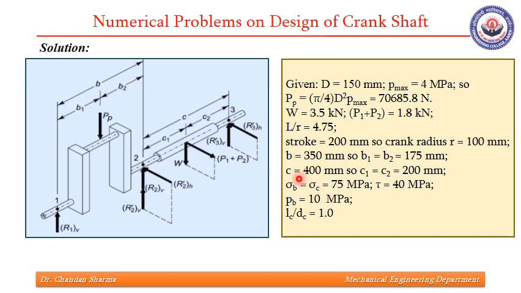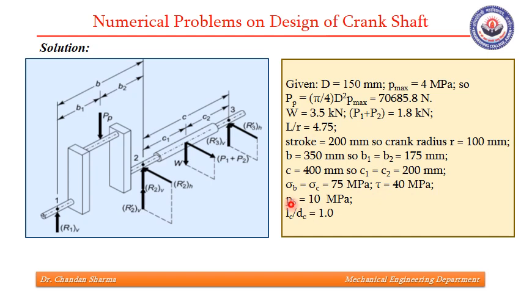Similarly, the distance between bearing 2 and bearing 3 is given as 400 mm, and that is denoted by C. So again, assuming that C1 equals C2, C1 equals C2 equals C by 2 equals 200 mm, and maximum bending stress and compressive stress is given to us as 75 megapascals, and tau, permissible shear stress, is 40 megapascals.